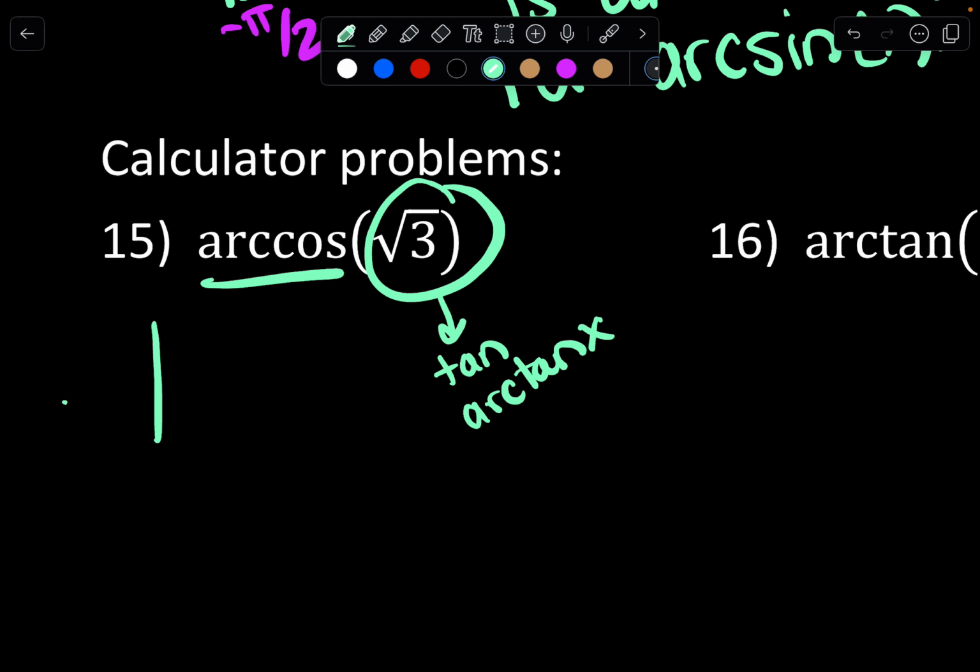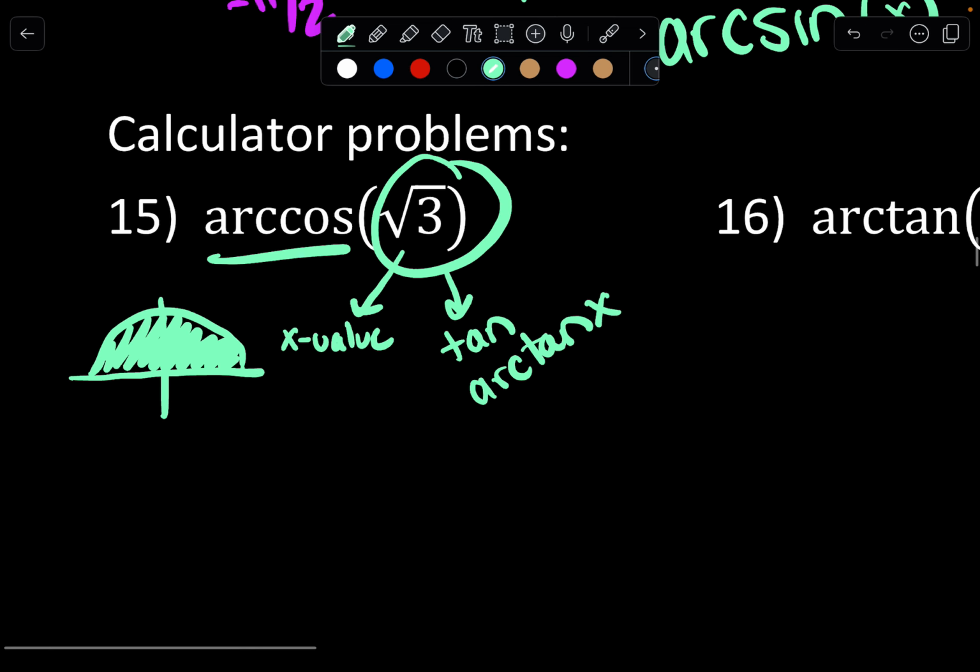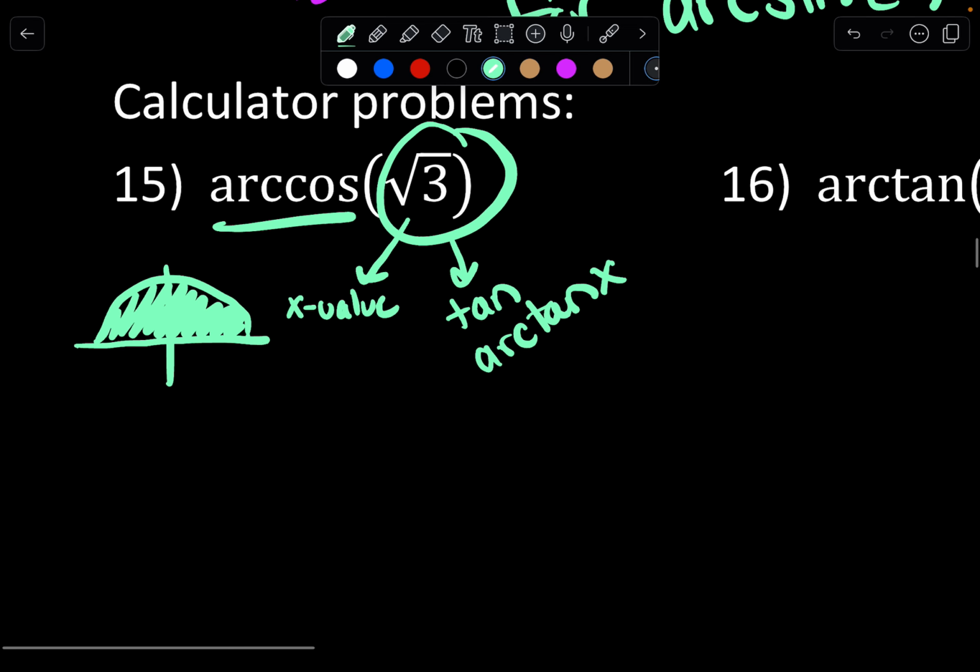Now, arc cosine exists in quadrants 1 and 2. Again, always draw a sketch just to make sure that you know what you're looking for. And because this is arc cosine, that is an x value. So you might think, okay, we need to go to the calculator. Yes, because this is not a standard angle, you do, but there's an issue with this one.